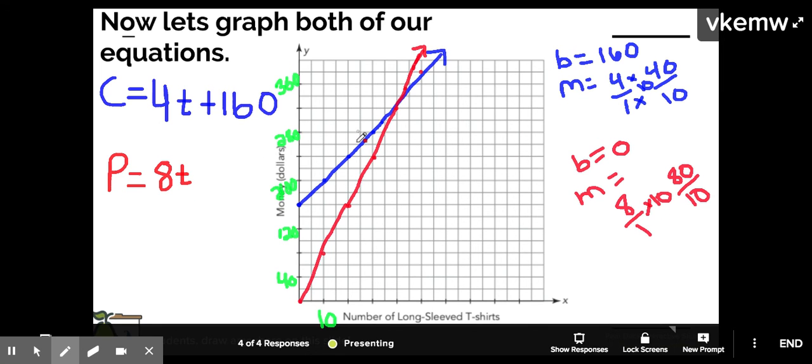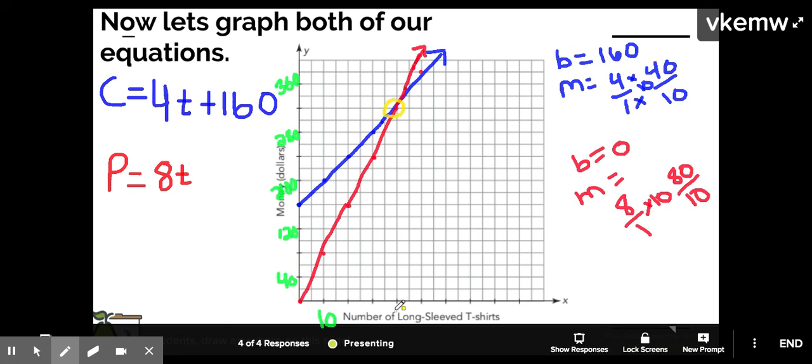So looking at this graph, I notice one thing. They connect right here. That is their common value. So I can see that at 10, 20, 30, if I follow this line up, it comes down to here, so 40.